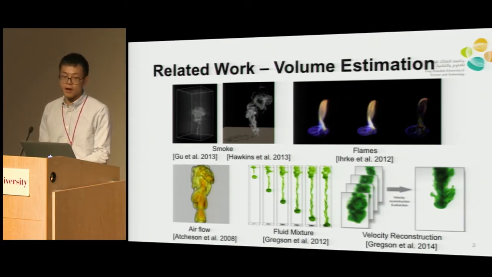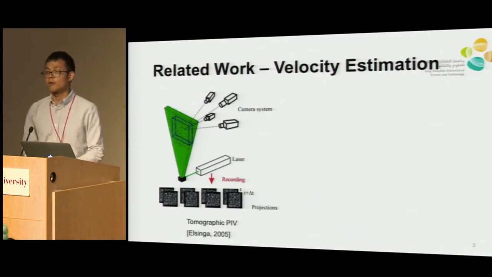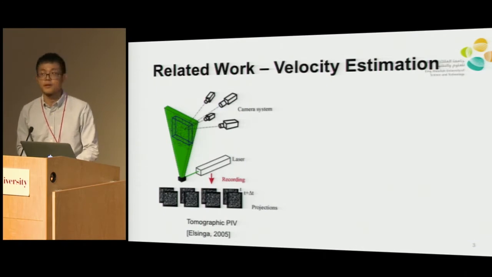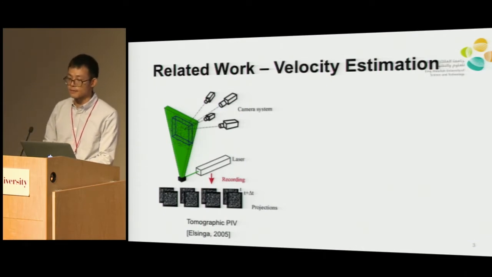The current state-of-the-art method to fully characterize the 3D fluid flow velocity field is tomographic particle imaging velocimetry.